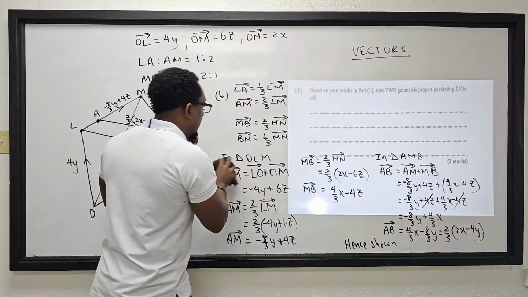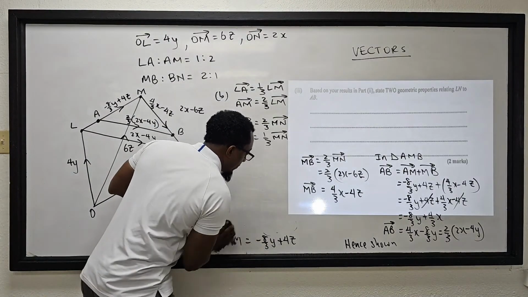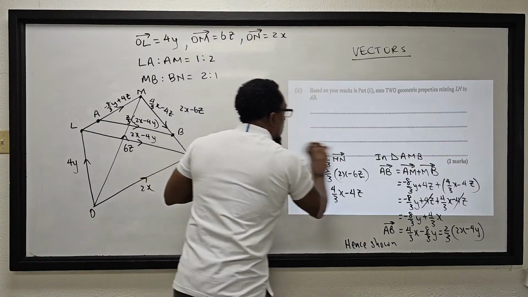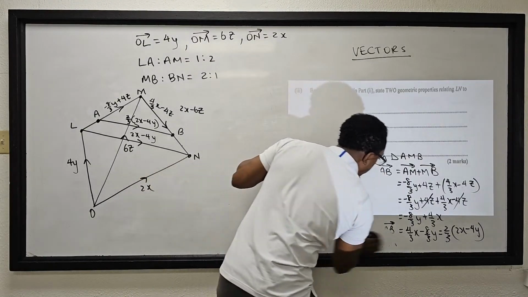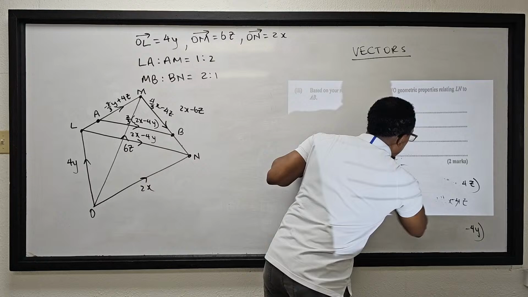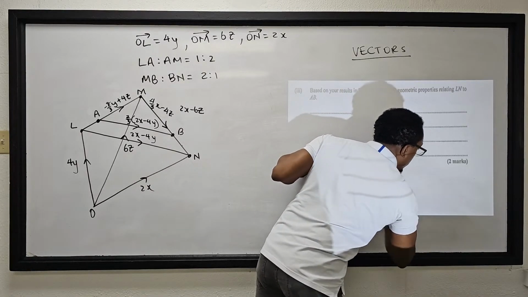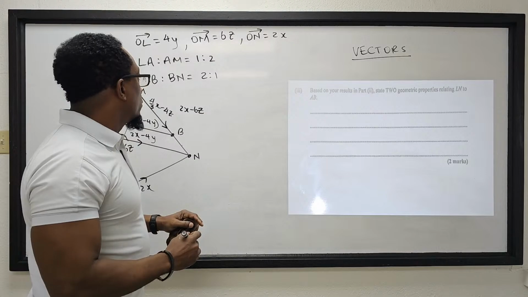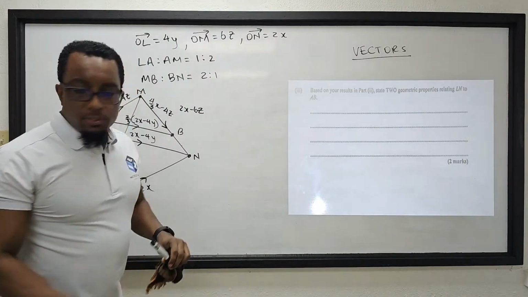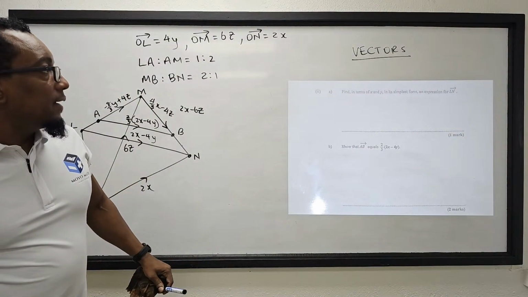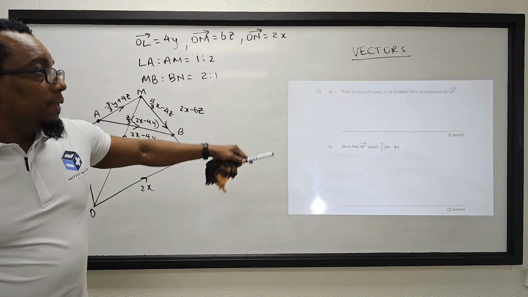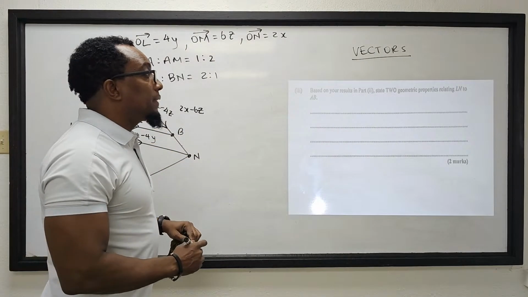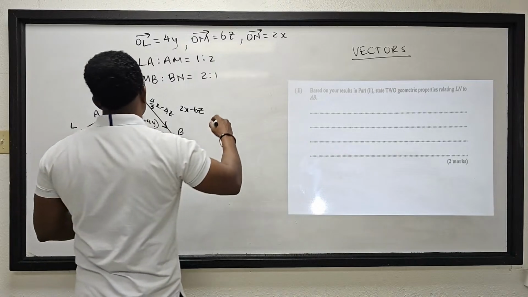Let me erase all this information I have here. The results in part 2 are what we are seeing here, part 2a and part 2b. State two geometric properties relating Ln and AB.